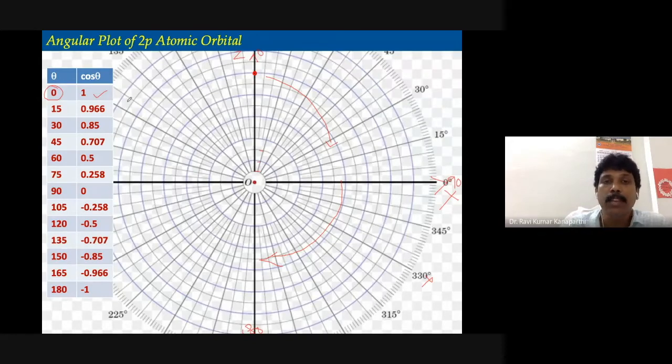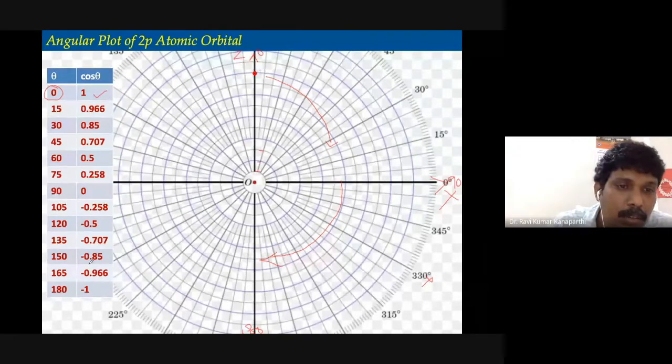For example, I have counted 10 circles: 1, 2, 3, 4, 5, 6, 7, 8, 9, 10. So I am taking this as my 1 unit. The distance between the origin and this particular point, this blue circle, you have to consider as 1 unit, and accordingly the other distances will change.